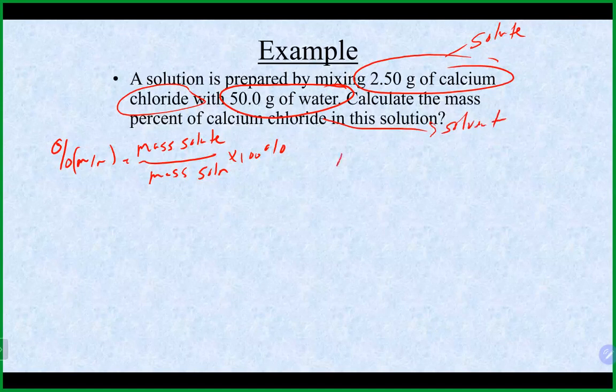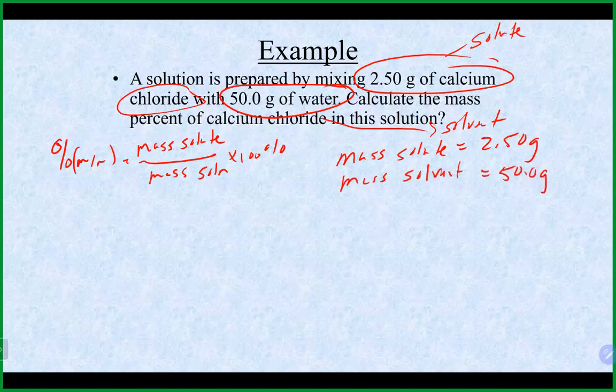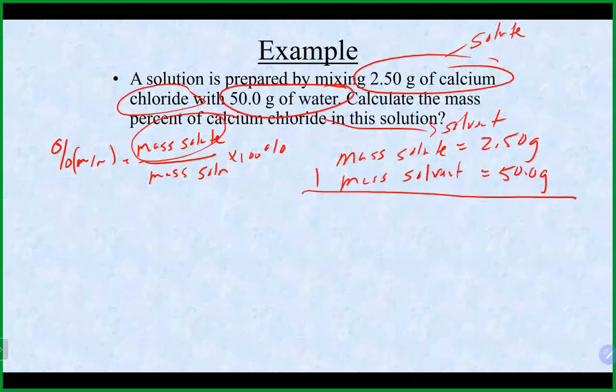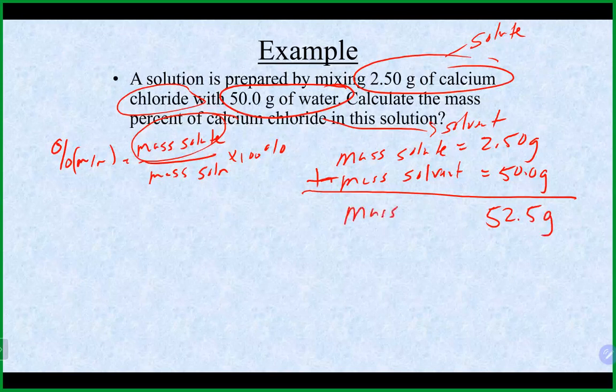So our mass of our solute in this case is going to be 2.5 grams. The mass of our solvent in this case will be 50 grams. So we do have the mass of the solute given to us. So once again, here we do not want to divide by 50 as that's just the solvent. So to get the mass of the solution, we do need to add both of those things together. So that's going to give us 52.5 grams as the mass of the solution.